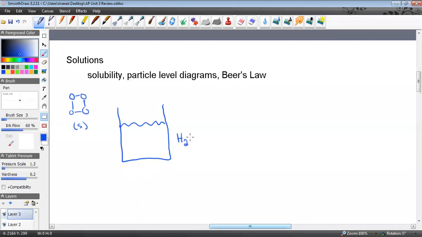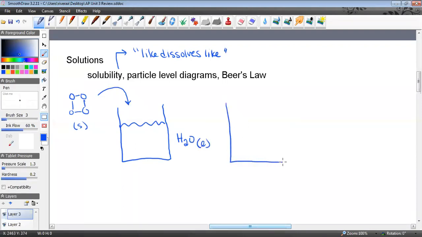Remember the solubility rule: like dissolves like. So if you want to dissolve something ionic or something polar, you want to dissolve it in something polar. A solid will dissolve in a liquid to make a solution. Now I've got my ions floating around in solution, so this is now aqueous.